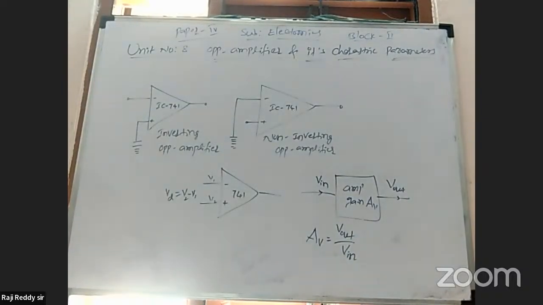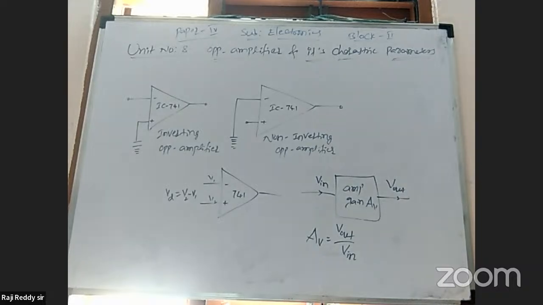The feedback may be positive or negative. So feedback operational amplifiers are of two kinds: one is the positive feedback operational amplifier, the second is the negative feedback operational amplifier. The output is fed back to the input.